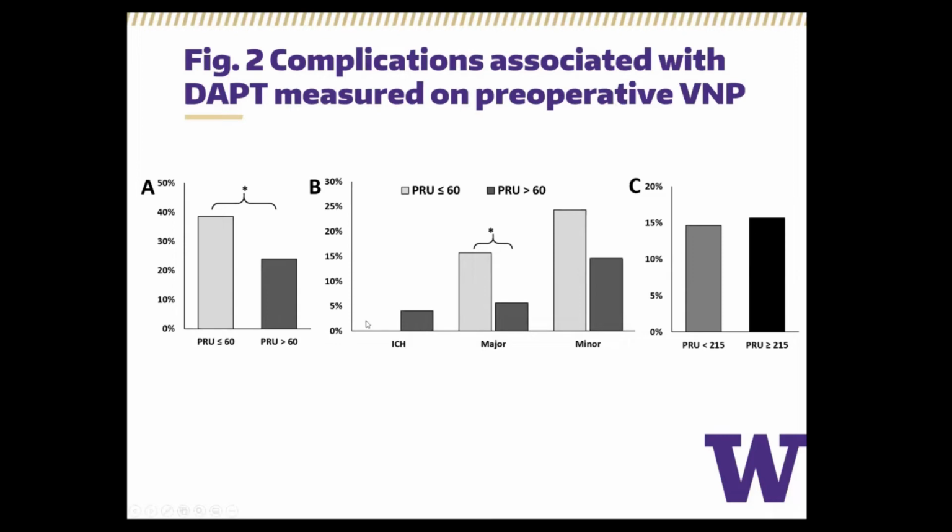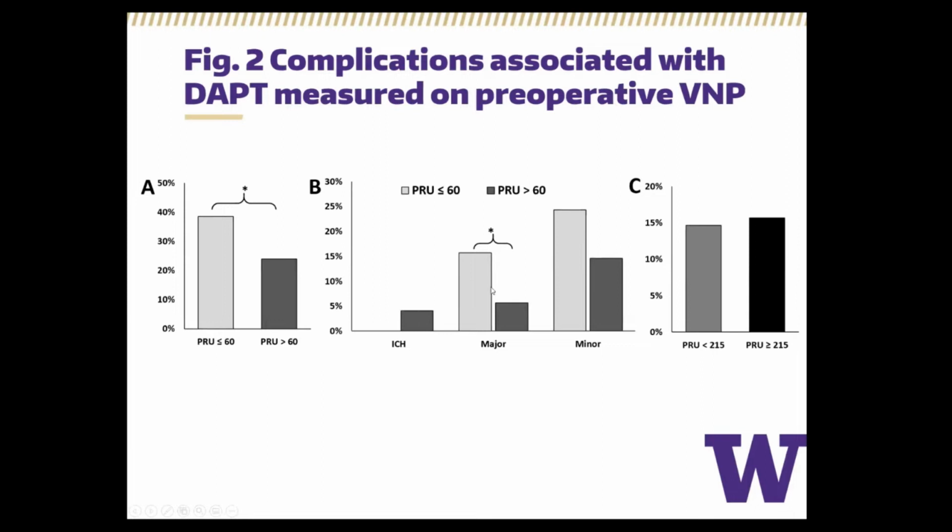We also looked at minor complications, which we defined as self-limiting bleeds, things like nosebleeds, etc. And what we found, interestingly enough, was that there was no significant difference in intracranial hemorrhage in the hyper-responders versus those who were therapeutic as well as hyporesponders.